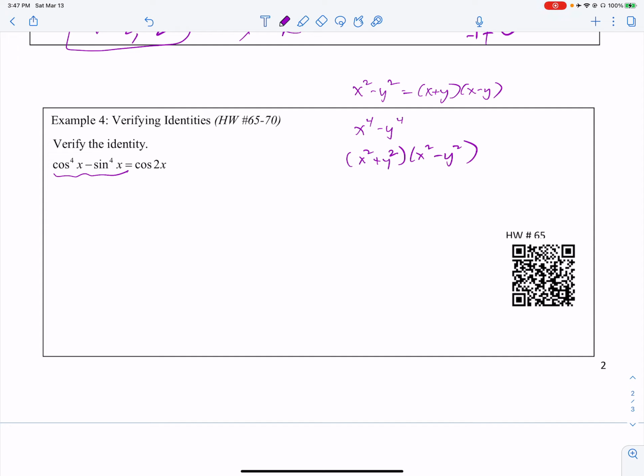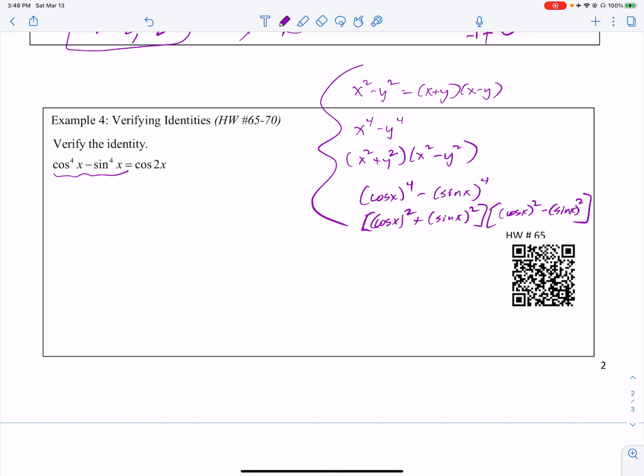And maybe it'll work, maybe it won't. But then you're extending that to I have a cosine of x to the 4th minus sine of x to the 4th. And so it's going to factor. The whole idea is, it goes back to what is your background on factoring? Can you see that something to the 4th minus something to the 4th is a difference of squares?